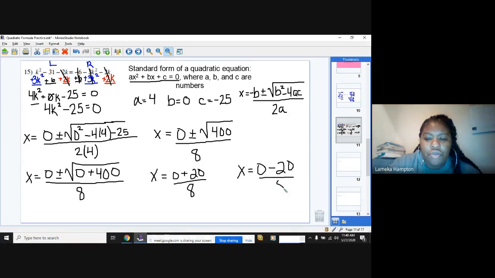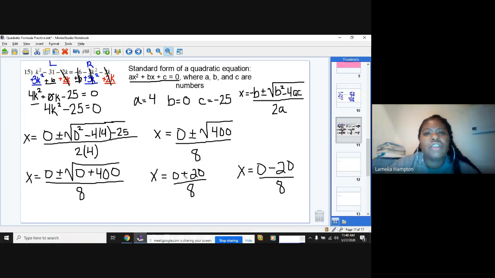Okay, so again, when you take the square root of a number, you're going to have a positive answer and a negative answer. 20 squared gives me 400. Negative 20 squared also gives me 400. So that's the reason why we have 2 problems like that.